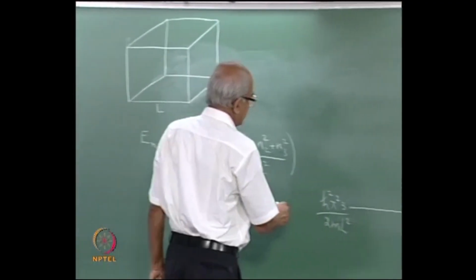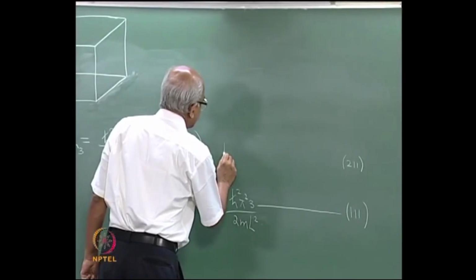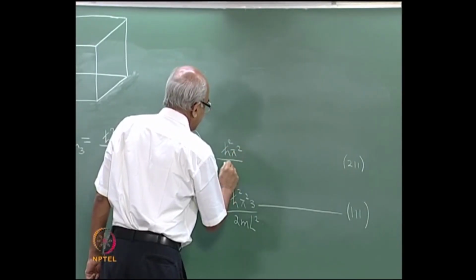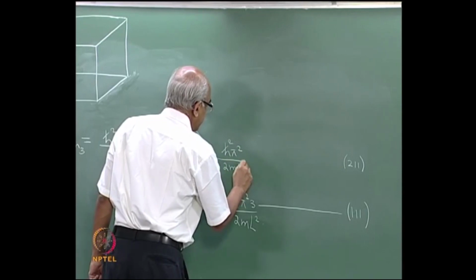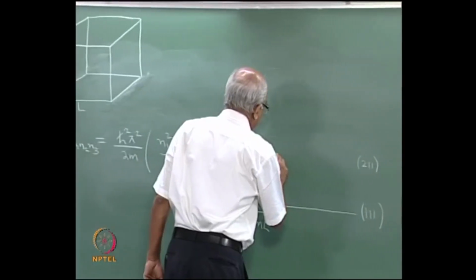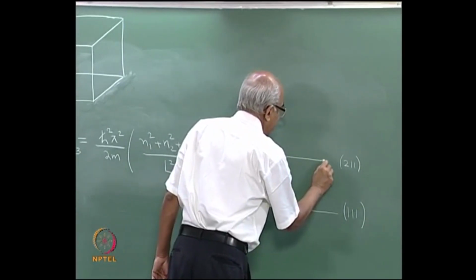You will find that it is given by h cross square pi square divided by 2m L square into 6. And therefore, I can represent that by a horizontal line. This represents the allowed energy level.